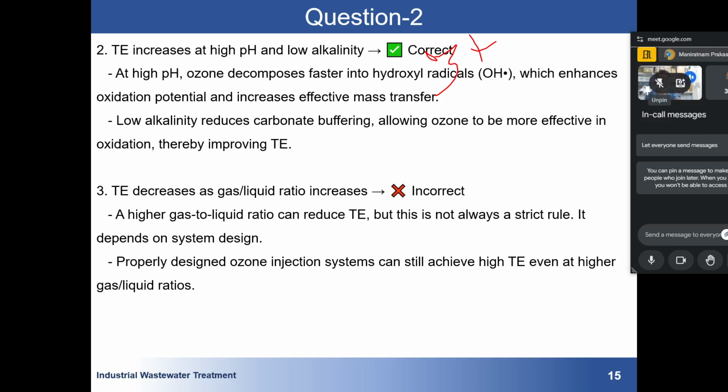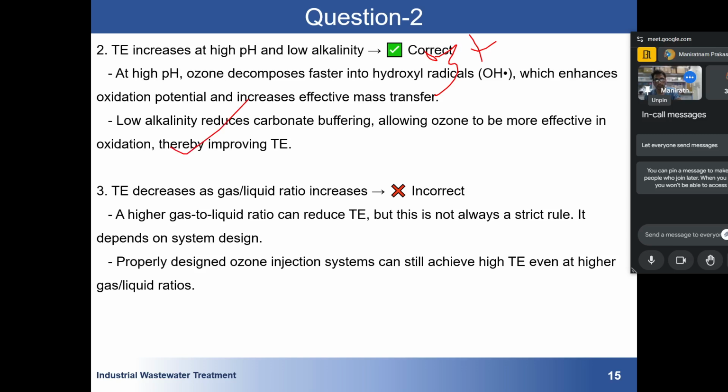Alkalinity is due to OH minus, H plus, bicarbonate and carbonate ions. So lowering the alkalinity will also increase the transfer efficiency. This is also correct, so 2 is correct.